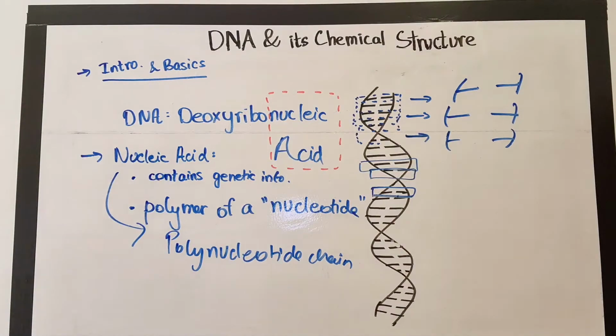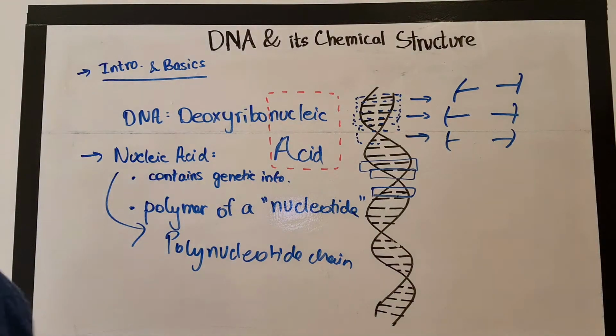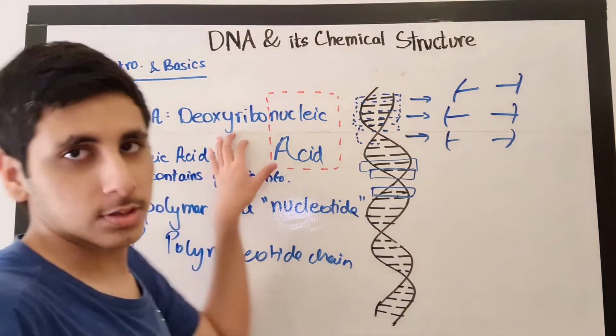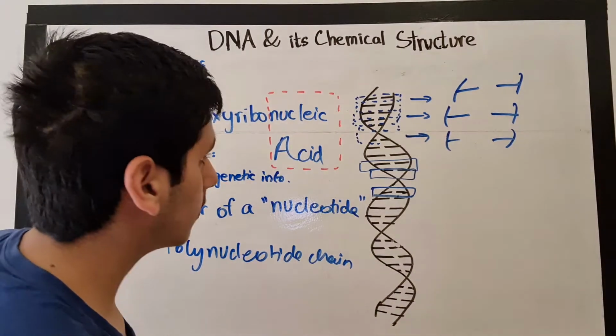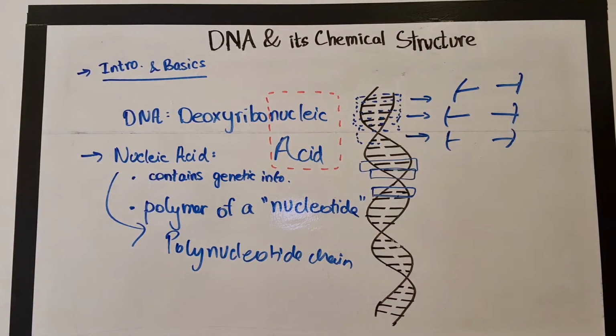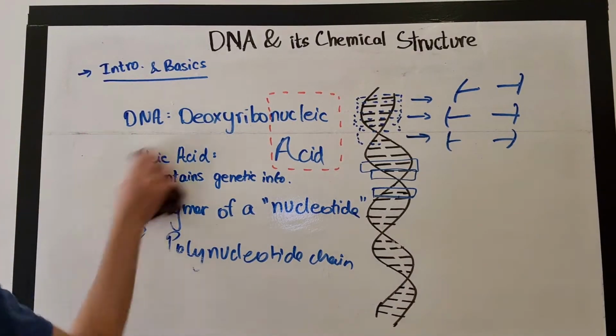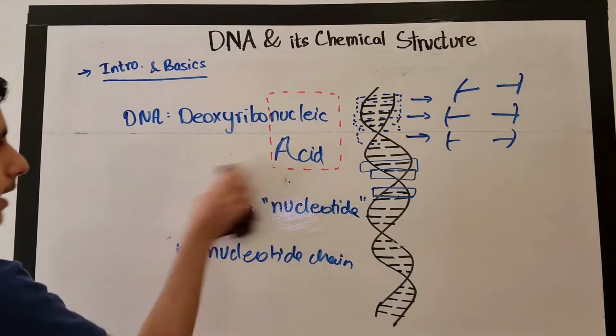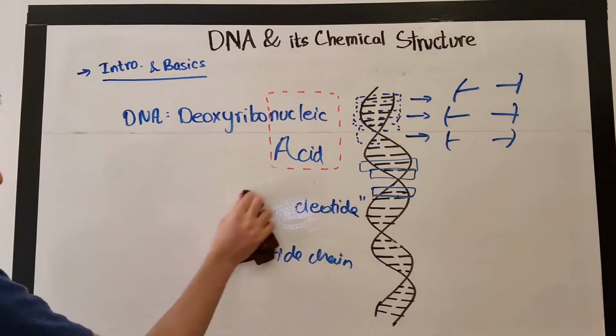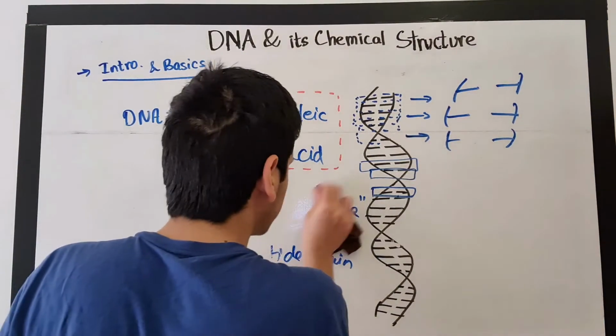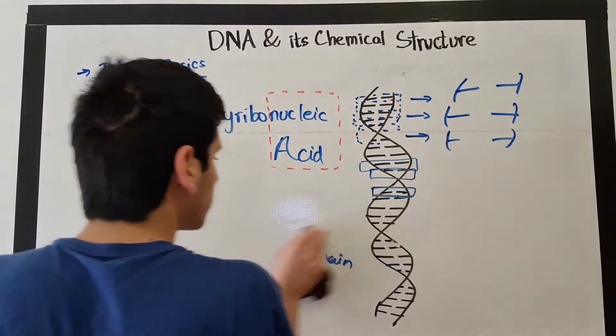So DNA is not alone. There's also another nucleic acid, and that's called RNA. We have understood what a nucleic acid is: a polymer of nucleotides.